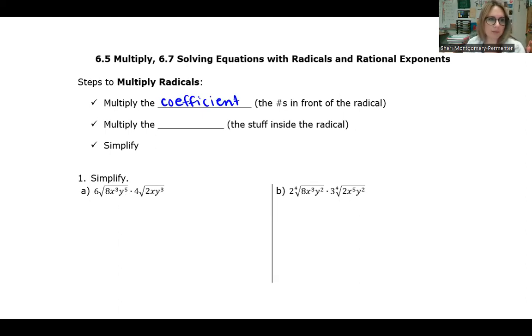For some of you, it may be helpful to remind yourself that these things go together and we will multiply them together. The other part of multiplying radicals is that we will multiply the stuff inside the radical.